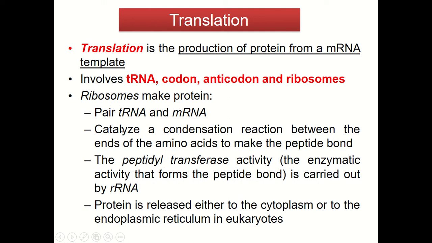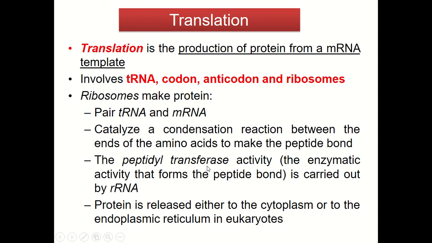Next, the ribosome will catalyze the condensation reaction. Condensation refers to the dehydration process in which water is removed to make a peptide bond between the end of one amino acid and the next amino acid.